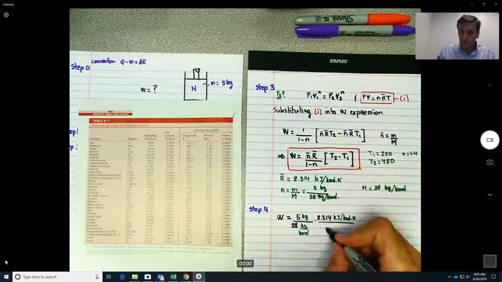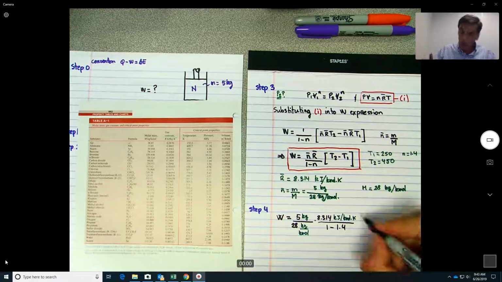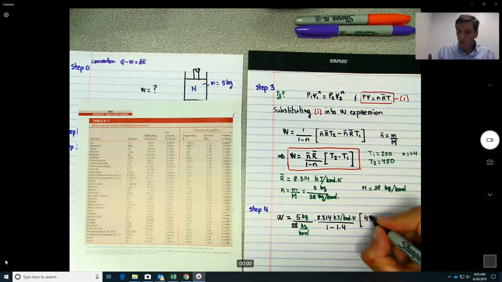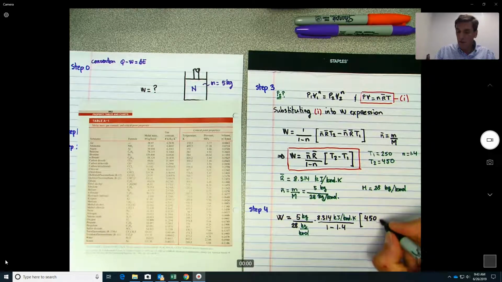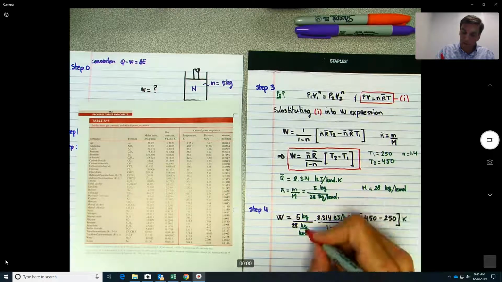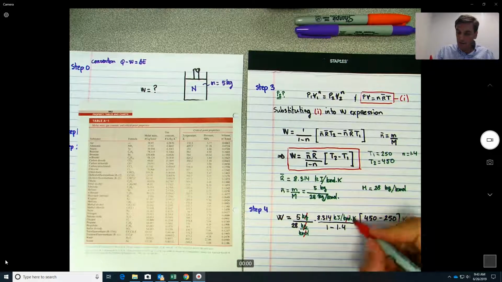The 1 minus n would be 1 minus 1.4. And now we have over here 450 minus 250. And this should be in Kelvin. Okay, so you will see that this kilomole will cancel with this kilomole, this kilogram with this kilogram, and this Kelvin with this Kelvin.